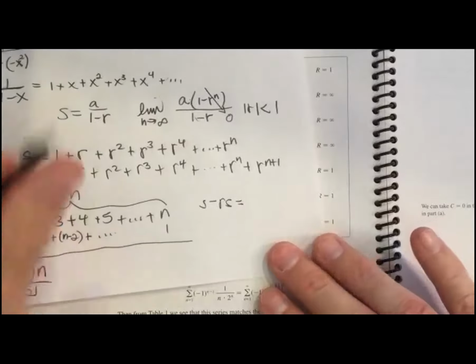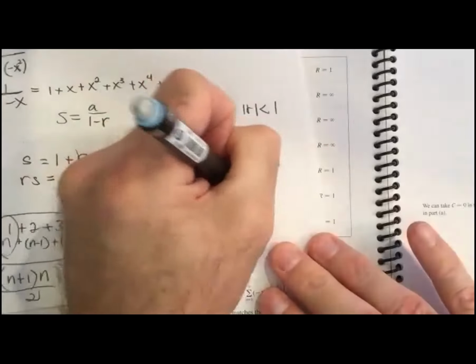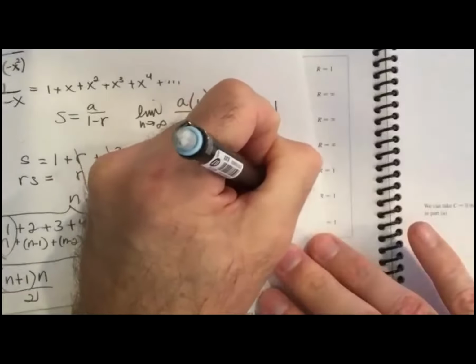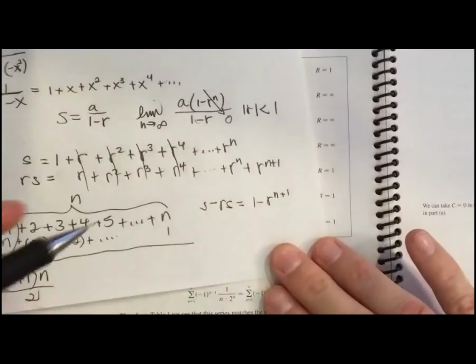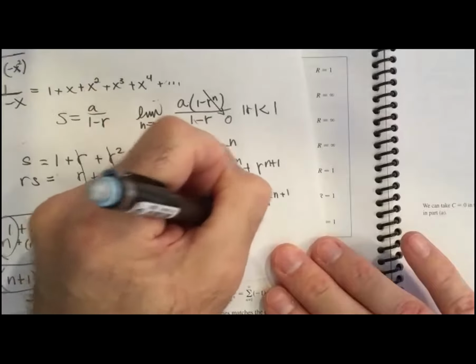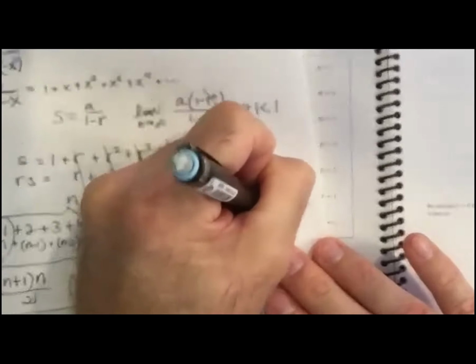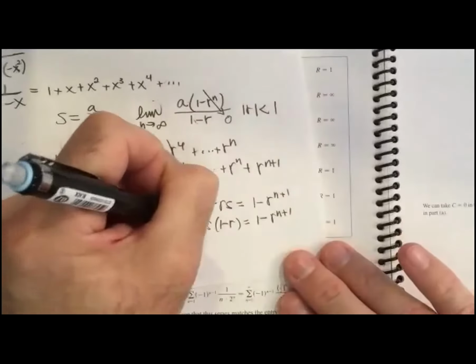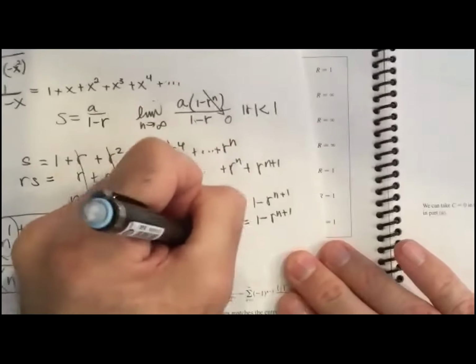And then I've got these all canceled, don't they? So I've got 1 minus r to the n plus 1. I factor out an S. I divide by 1 minus r.